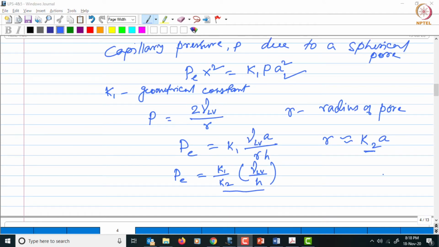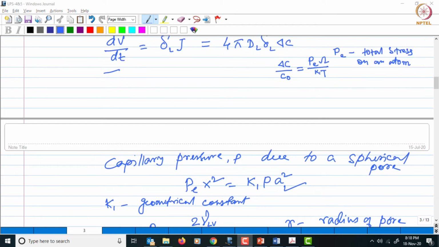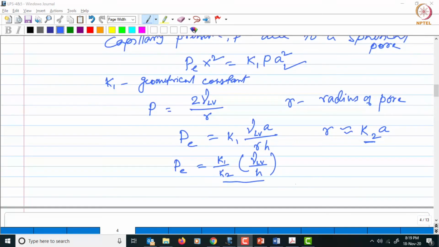So from here delta C by C0 can be written in terms of PE.